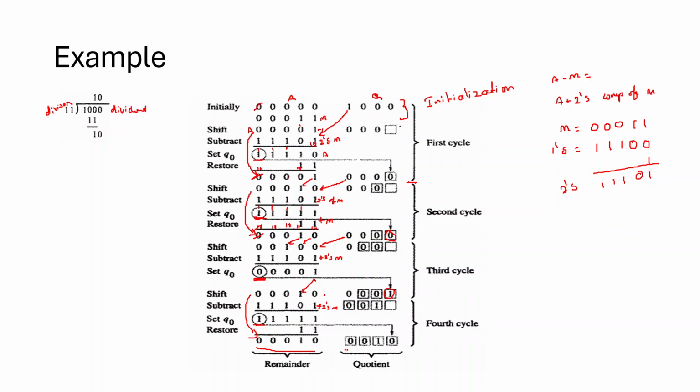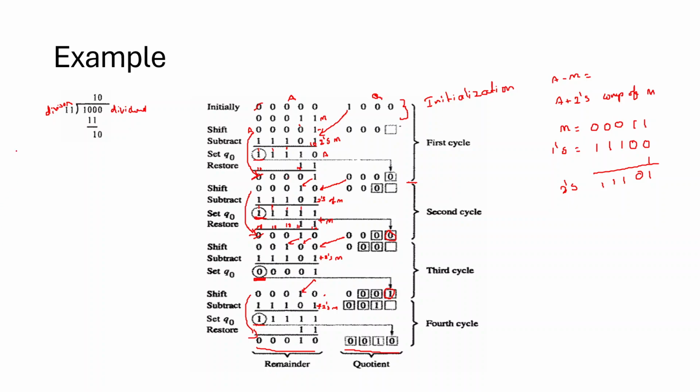After performing all the 4 cycles, the number of cycles is equal to the number of bits in the dividend. Now the register Q has the quotient value, and the register A has the remainder value.